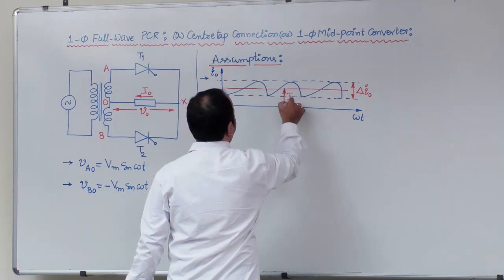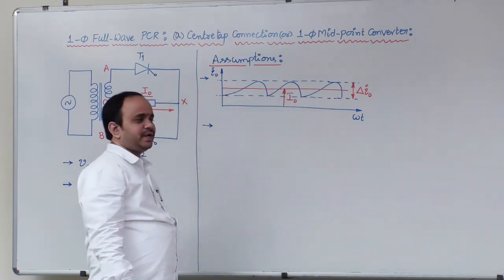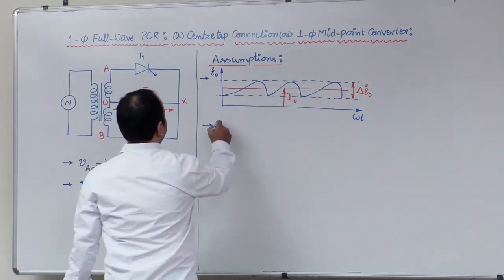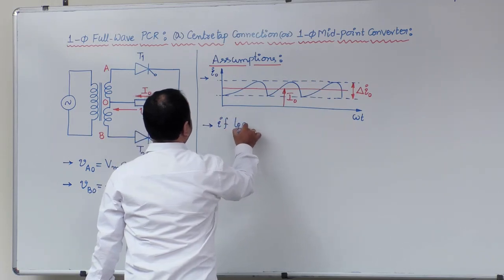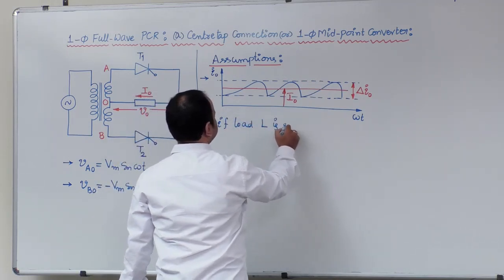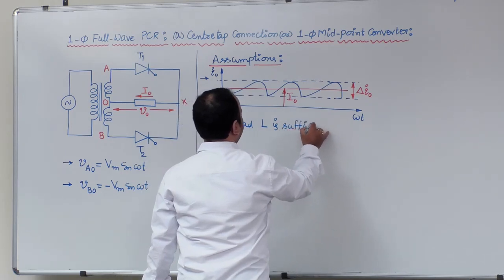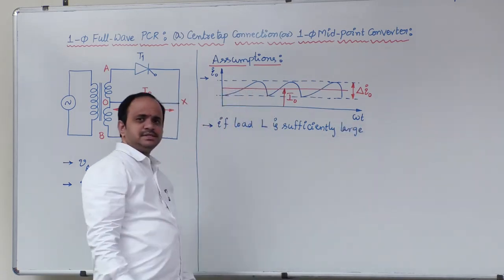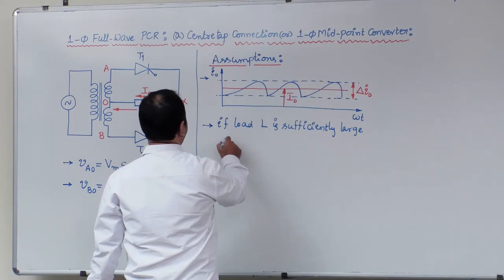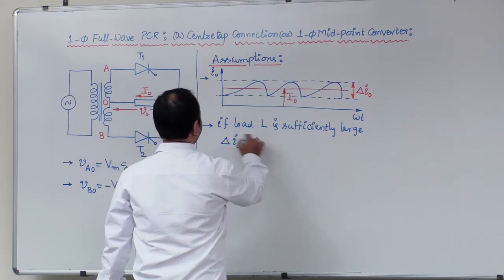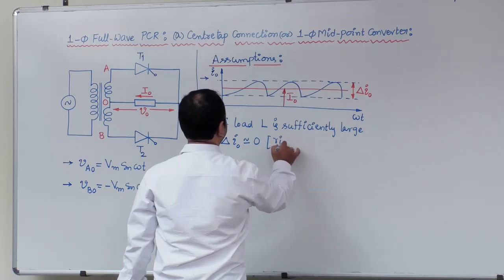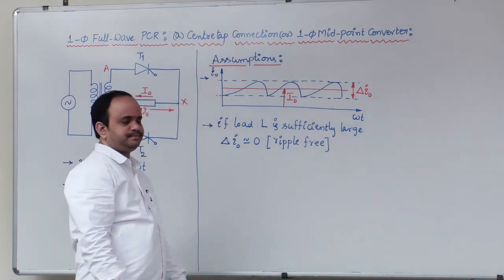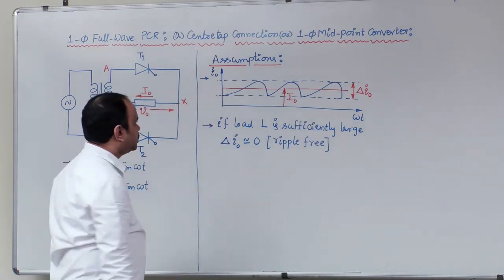When delta I naught is very small, we can treat the I naught waveform as approximately constant, under the condition that the load inductance is sufficiently large. Then we can say that delta I naught is approximately 0. In other words, ripple free load current.